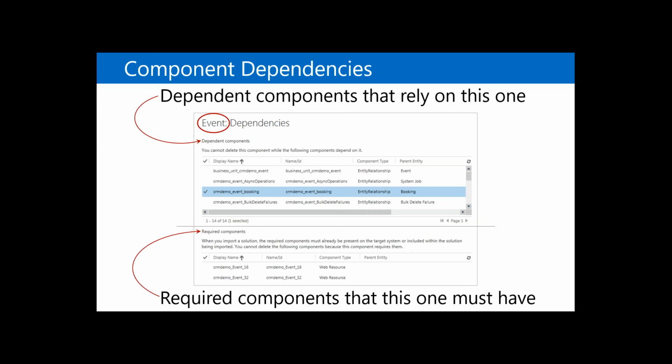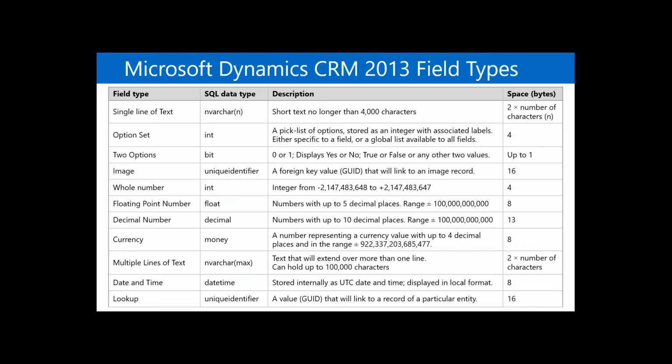Importantly, Microsoft CRM does check for any dependencies that might be thought of as required components, so that's all good. And of course, when we're adding new fields to CRM, what you'll notice is that they come with different field types.